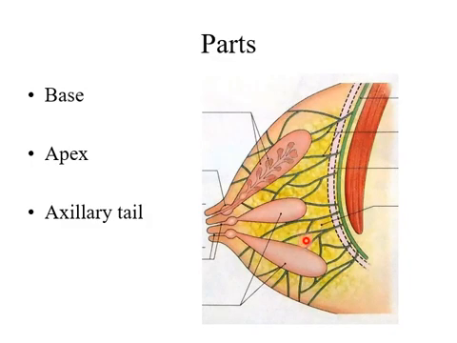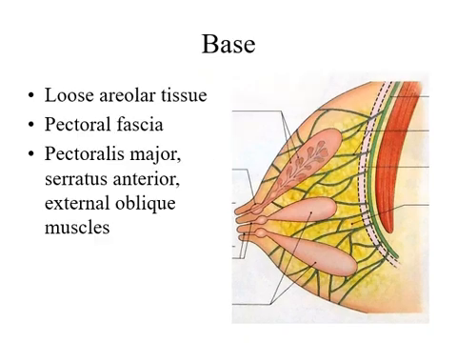It has a base, then an apex and the axillary tail of Spence. Now this is the base, and this base lies on the loose areolar tissue. Deep to the loose areolar tissue there is pectoral fascia. The green color is the pectoral fascia, and deep to the pectoral fascia there are pectoral muscles: pectoralis major and pectoralis minor. Then there are other muscles like serratus anterior and external oblique.